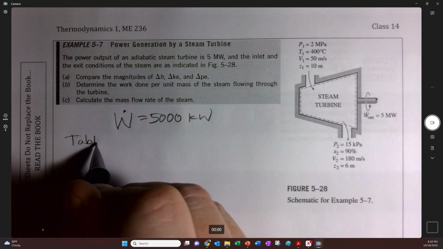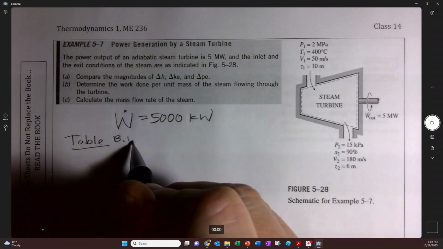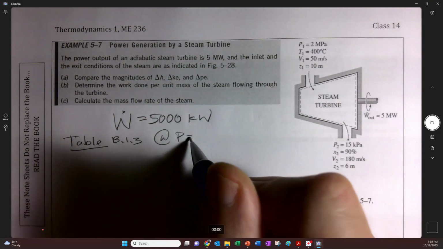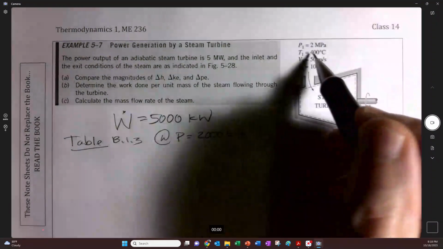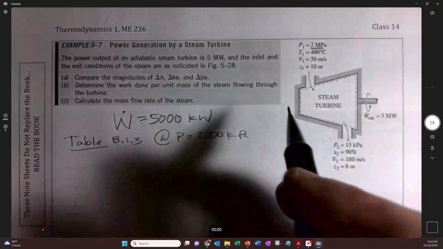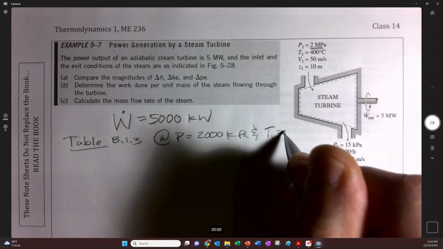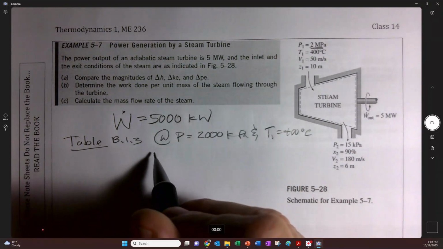So get the state properties. Table B.1.3 at, it should be superheated, I hope, 2,000 kilopascals. All right, so 2 megapascals, 2,000 kilopascals, and T1 equal to 400 degrees Celsius. What do I have to find?